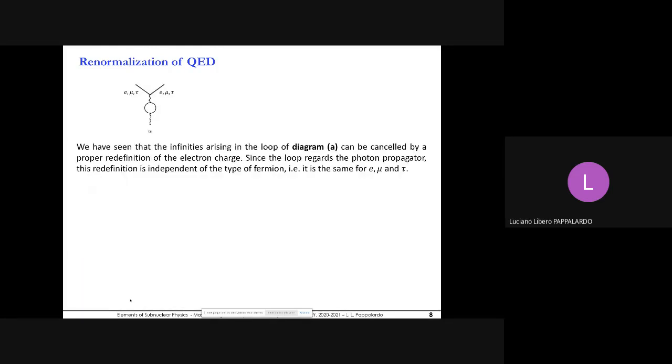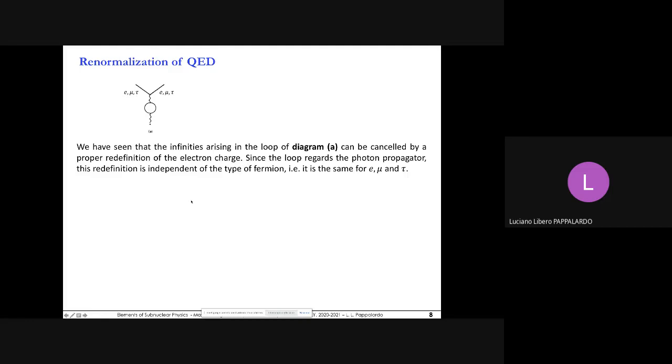Let me first of all continue with this approach, and then we may try to clarify if something is not clear. There is one more problem, because we've seen that the infinities arising in the loop of diagram A can be cancelled by a proper redefinition of the electron charge. This is the renormalization.